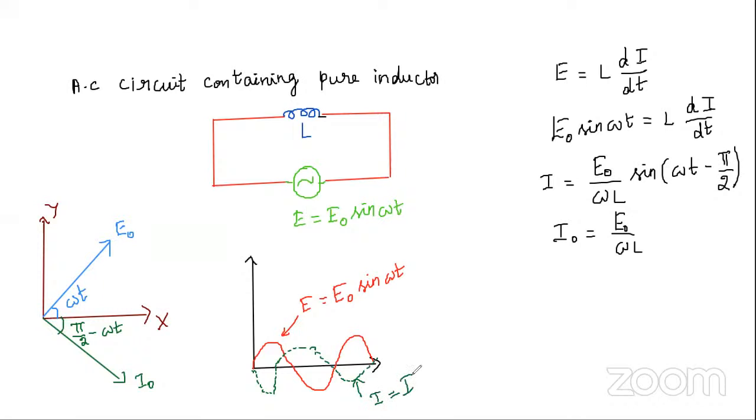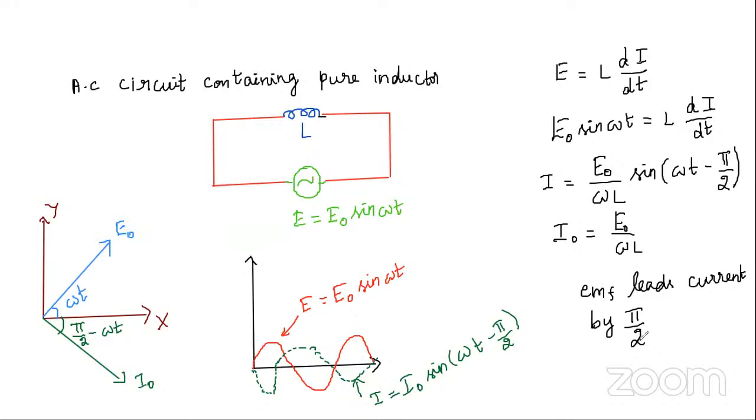So I equal to I naught sin within the bracket omega t minus pi by 2. This is the actual signal diagram, and this is the phasor diagram. The main thing which you have to keep in mind is that here your EMF leads current by pi by 2. This is the important formula which you need to understand.